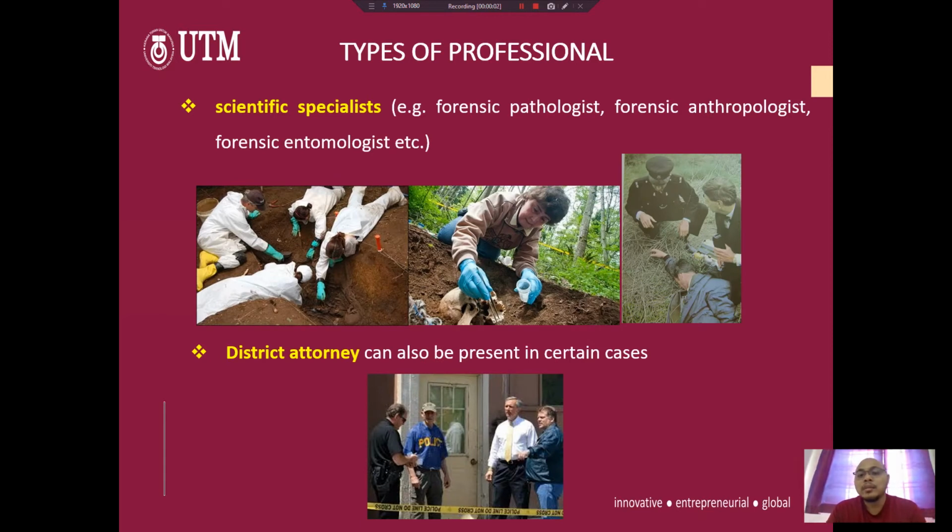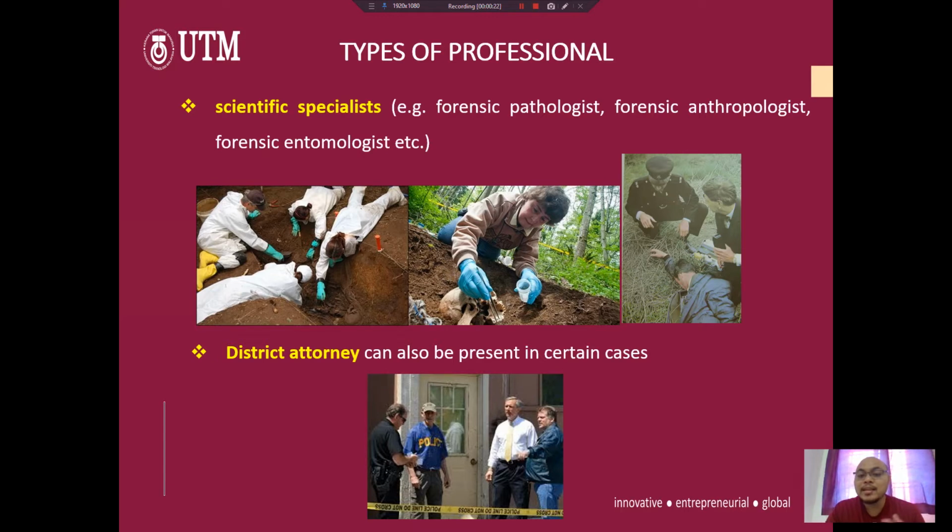The next type of professionals is scientific specialists. For example, we have forensic pathologists, forensic anthropologists, and forensic entomologists. They are experts in their fields. The function of the scientific specialist is to advise on sample collection.